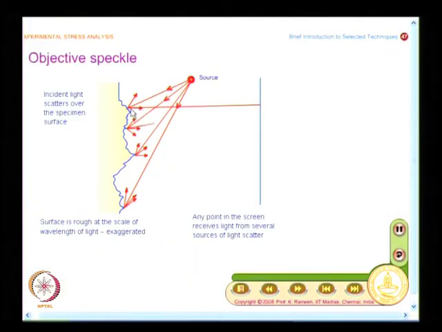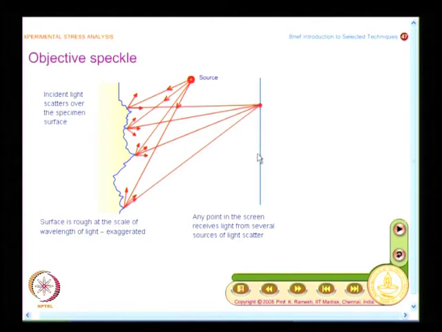Okay. And I am looking at a point like this here. So, I have a light coming from this scatter, another ray coming from this scatter, another ray coming from this scatter, another ray coming from this scatter. And it so happens, I have selected a point so that these rays do a constructive interference, and I see this as a bright spot.